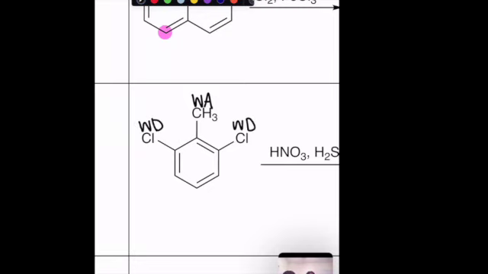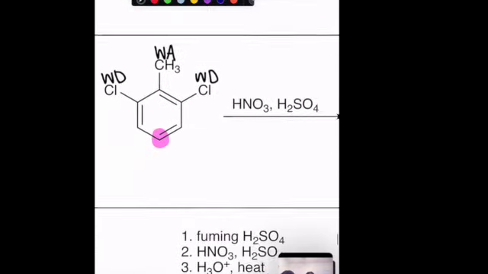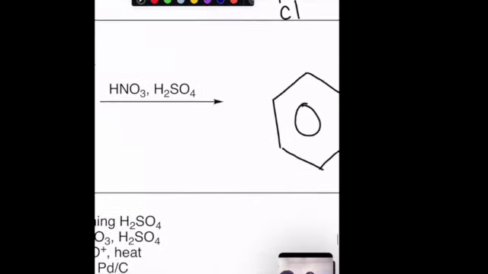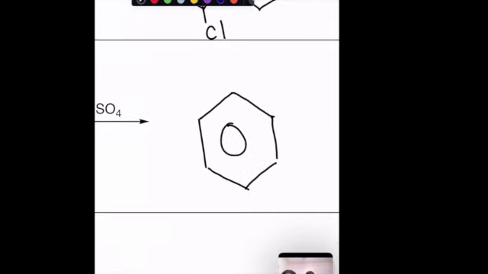So which one are we going to go based off of? We go off the weak activator, which directs ortho, para. The ortho positions are blocked, so the NO2 is going to go straight to the para position. So we have CH3, Cl, Cl, and our NO2.